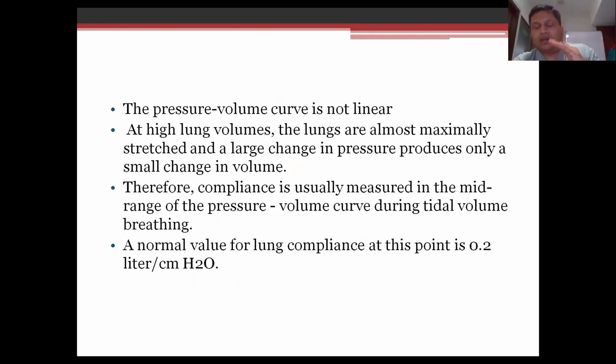After a fully stretched lung, the same amount of pressure cannot stretch the lung further, so there will not be volume generation. So at a higher level, the lung compliance PV loop will flatten.